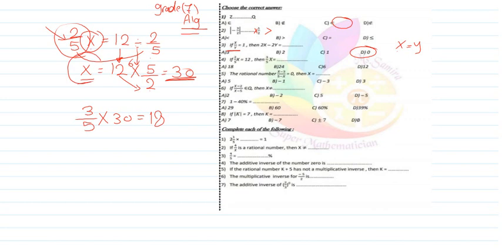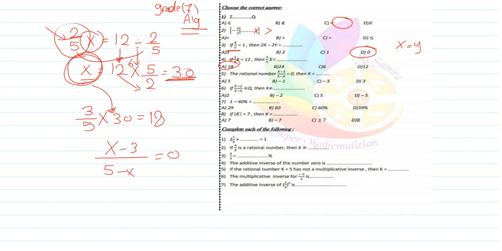So it's 1x. But I want 3 over 5 x, so we substitute x equals 30, then it will be 18.